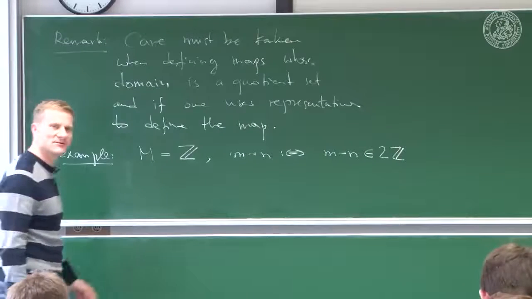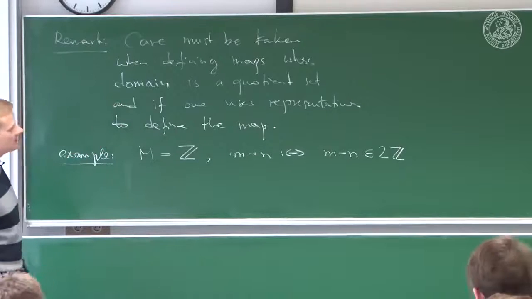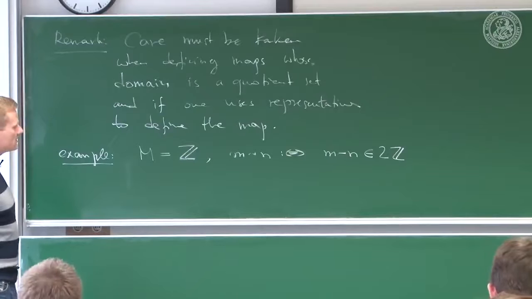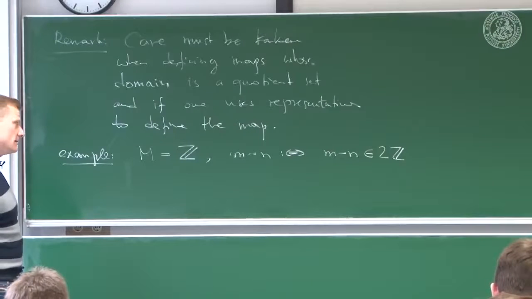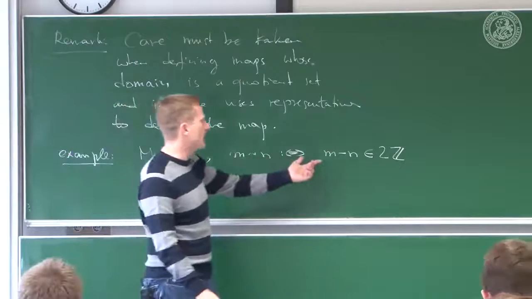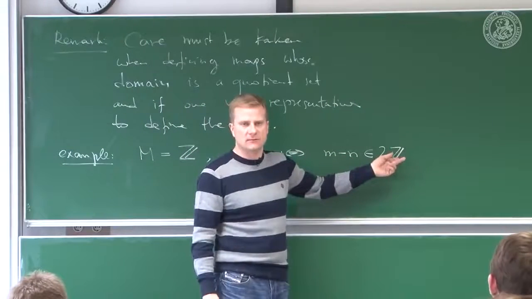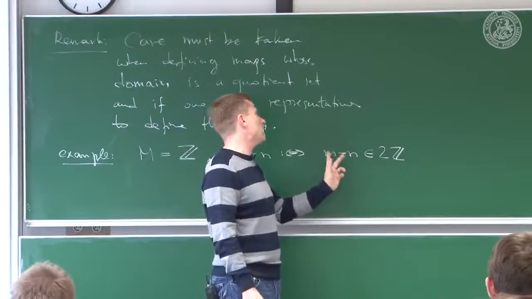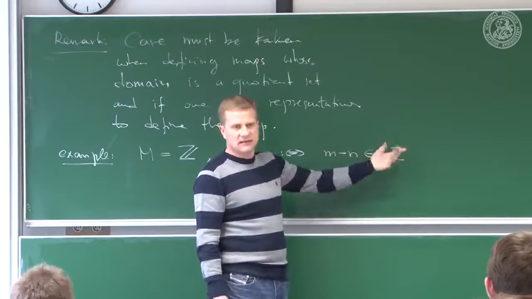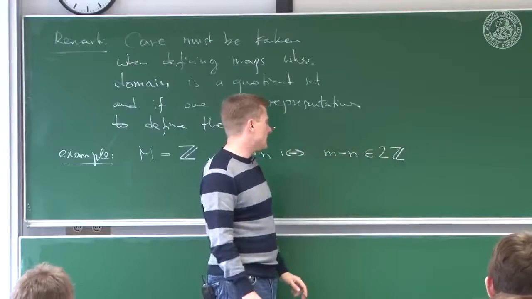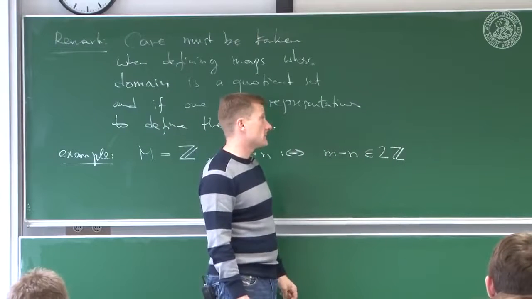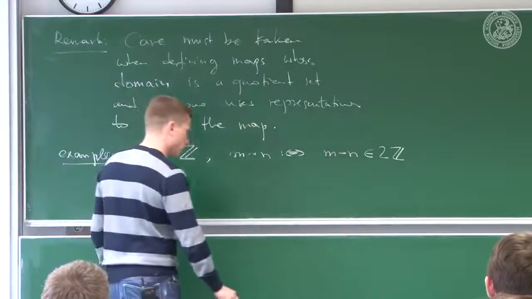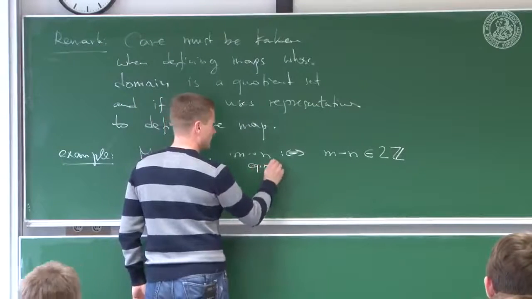I hope this is what I want, okay? Now, the first question: is this reflexive? Yes, it is, because m minus m is 0, and 0 is an even number. Good. Is it symmetric? m minus n in 2Z, what about n minus m? Well, it's also in 2Z because just the sign changes, and the transitivity is also given. Okay, so this is an equivalence relation.